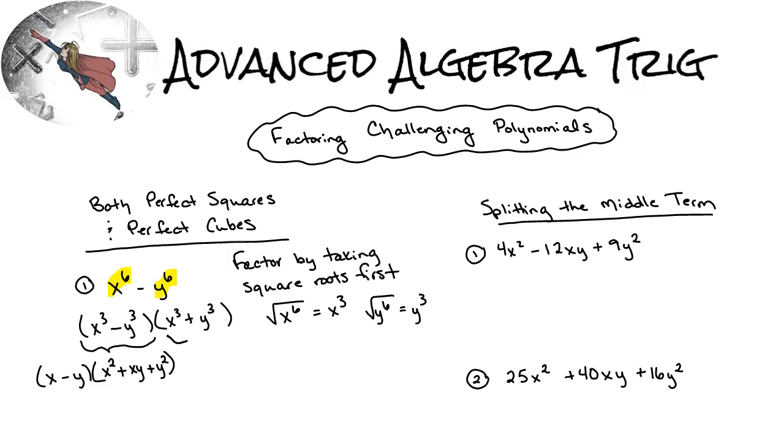Now I'm going to factor the x cubed plus y cubed. Pretty much the same way. The cube roots of those would be x plus y. Then I square the first term, multiply the first and second, and square the second term, and follow the SOAP pattern, so it's plus, minus, plus.